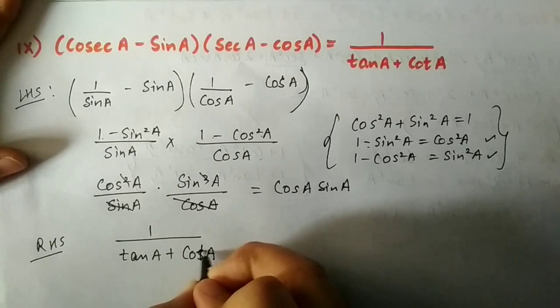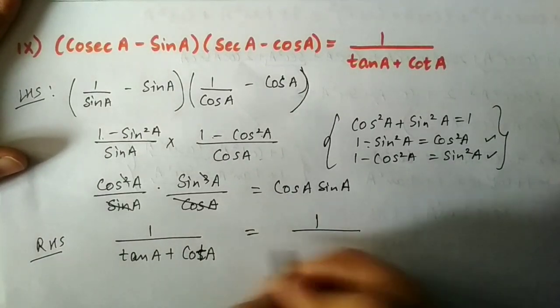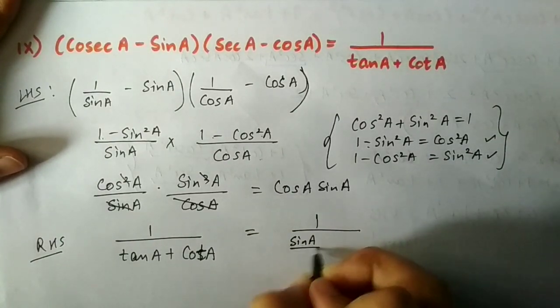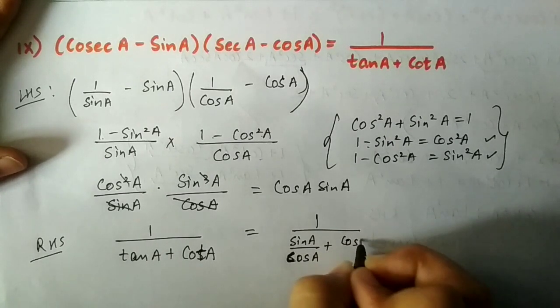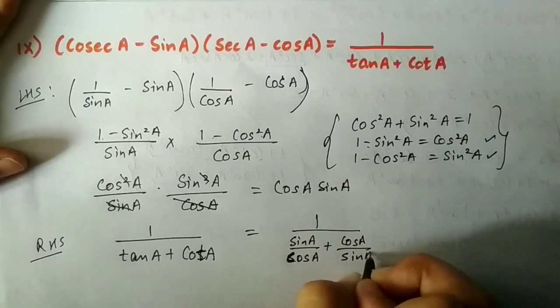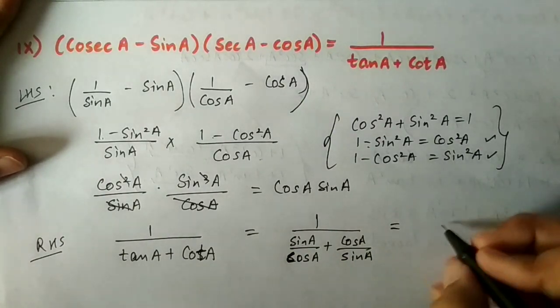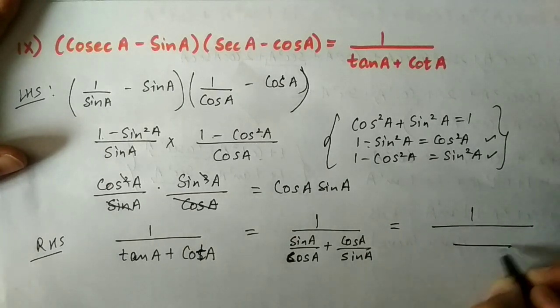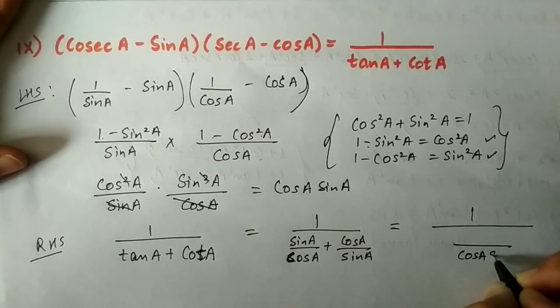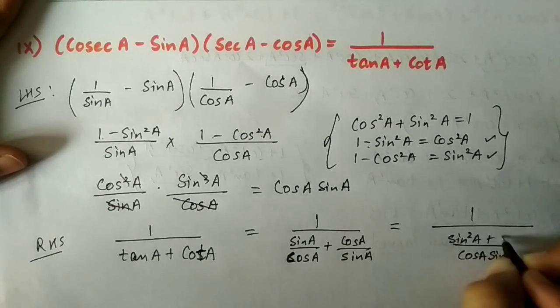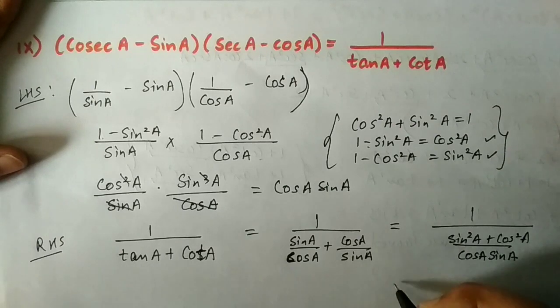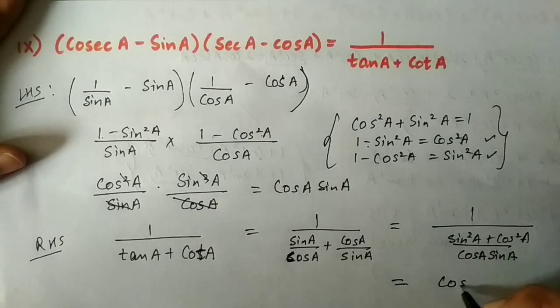So 1 upon tan can be written as sin A upon cos A, and cot can be written as cos A upon sin A. So now take LCM. 1 upon, here cos A into sin A will be in the denominator, and in the numerator you will get sin square A plus cos square A. This is equal to cos A sin A upon sin square A plus cos square A.